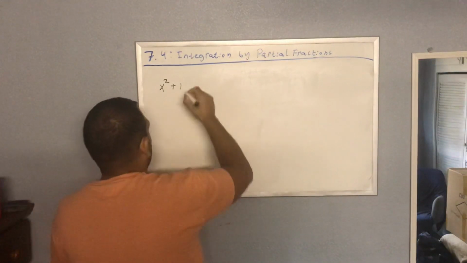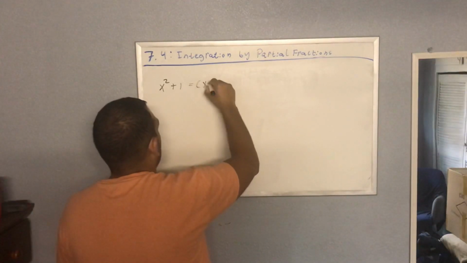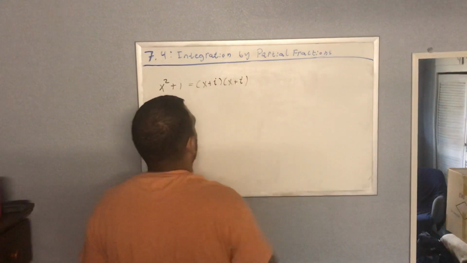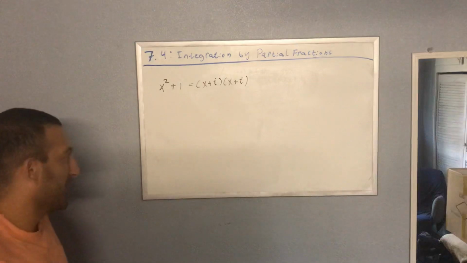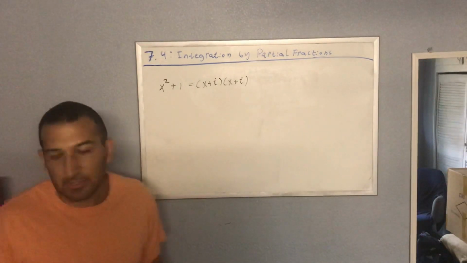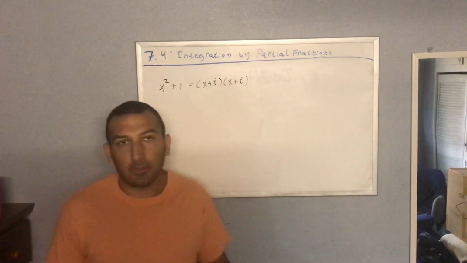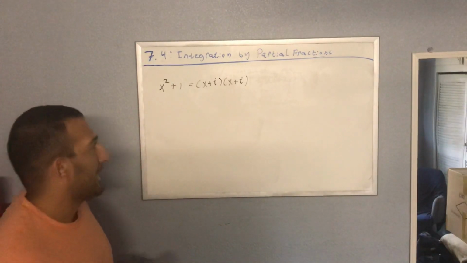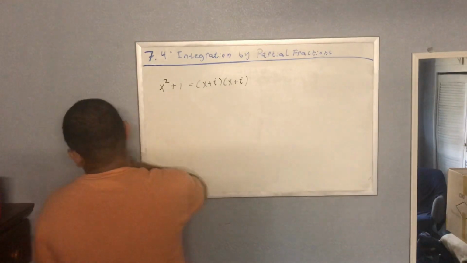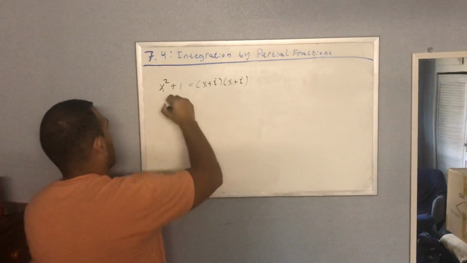So this does factor into x plus i times x minus i, but we're not going to go there. So if it doesn't factor using real numbers, we call it an irreducible polynomial. And in particular, if it's a second degree polynomial, we call it an irreducible quadratic.